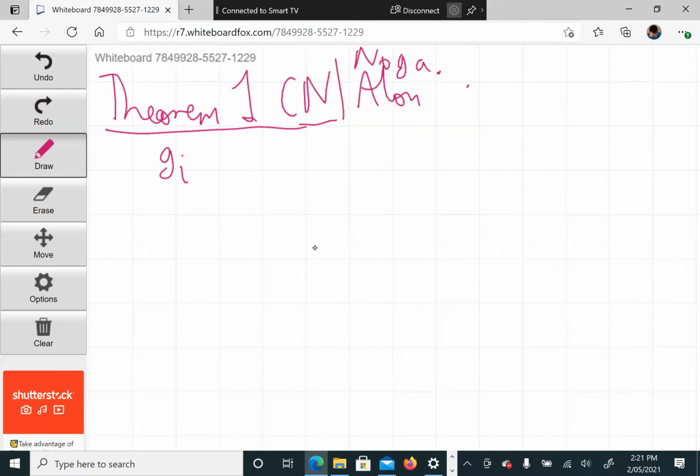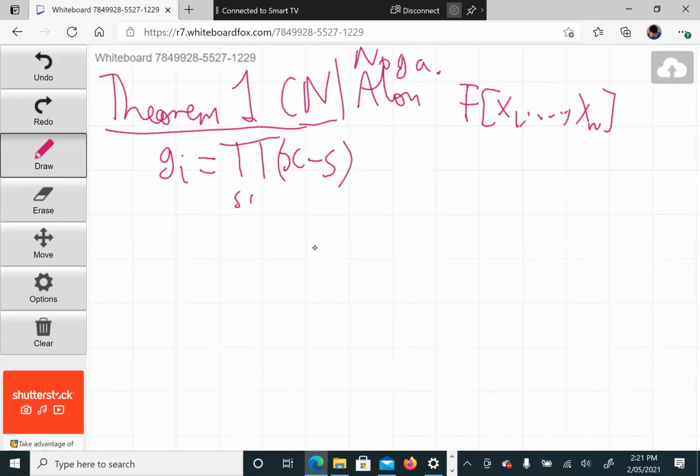We're always working inside of n variables. g_i is a polynomial in n variables as well, but we only really have one variable in there. So it's the product of (x_i minus s), as s ranges over S_i, and S_i is a bunch of sets.